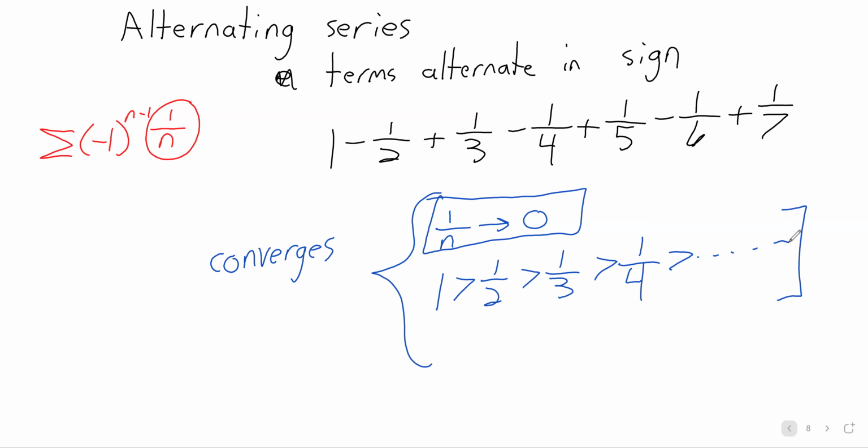If you wanted to demonstrate this in a super formal way, you could say, well, the derivative of 1 over n is negative 1 over n squared. This is always less than 0, because n squared is always positive, and 1 is always positive. So this fraction is always positive, and you put a negative sign in front of it, and it's always negative.